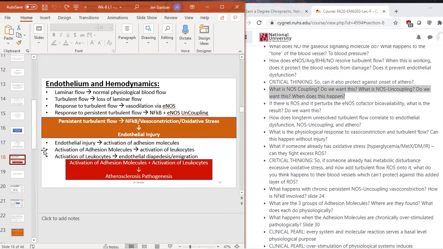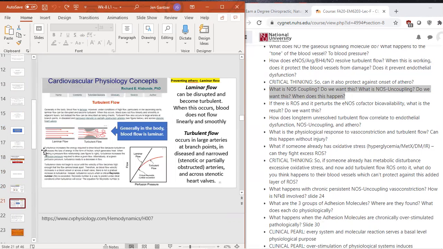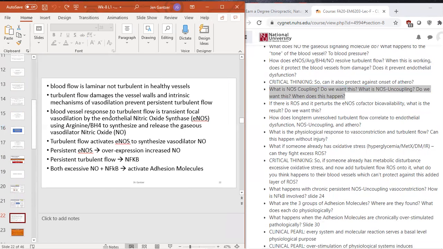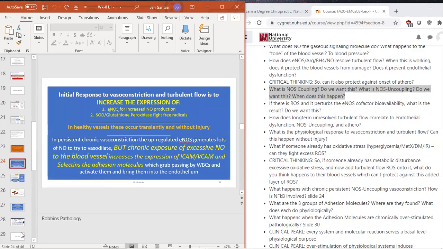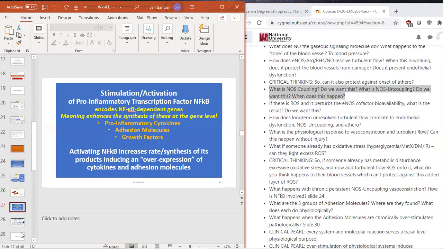So NOS uncoupling is the system where you do not form your nitric oxide. Turbulent flow is going to activate eNOS, and then we're going to need to have the endothelial nitric oxide working. So there's the coupling. Uncoupling is when it doesn't happen.